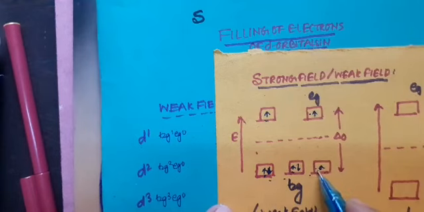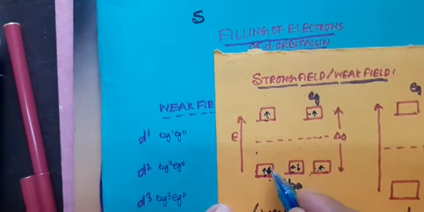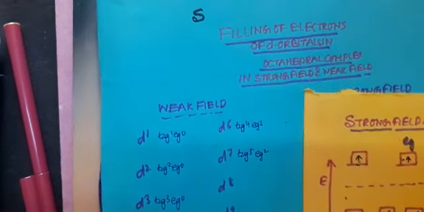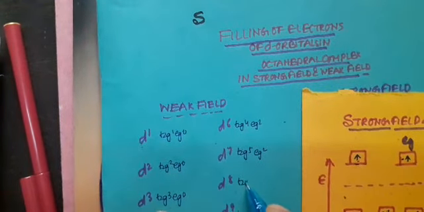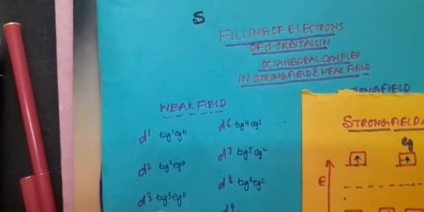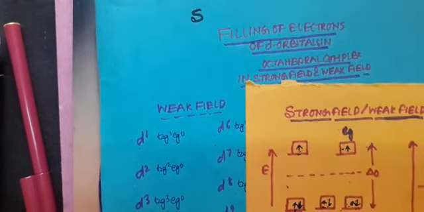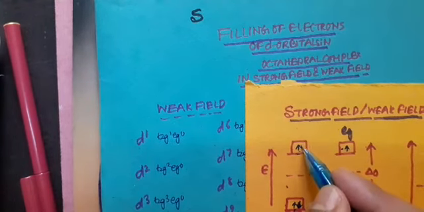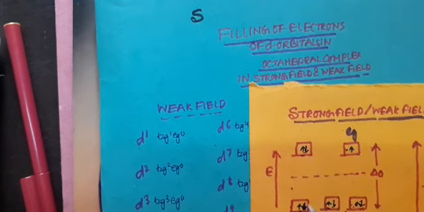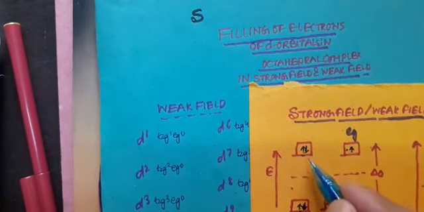For D8, 1, 2, 3, 4, 5, pairing up, and again pairing up. This will be T2G6 EG2. For D9, there are already 6 electrons in the T2G set and therefore 1, 2, 3, 4, 5, 6, 7, 8, 9.